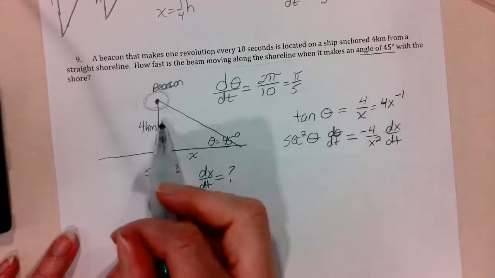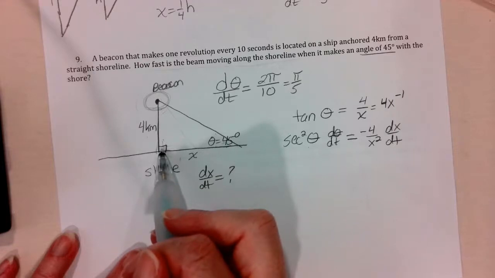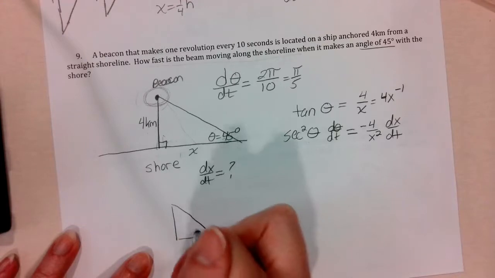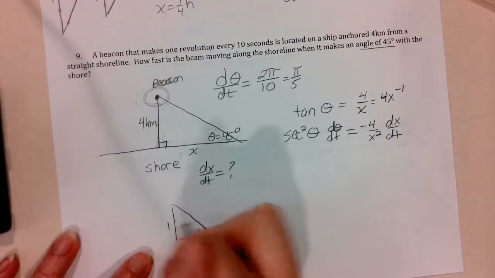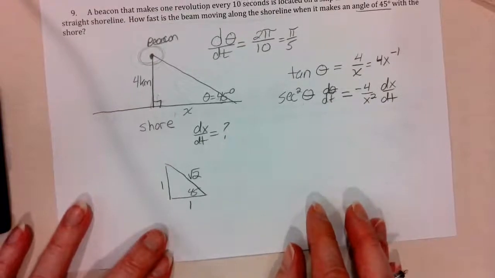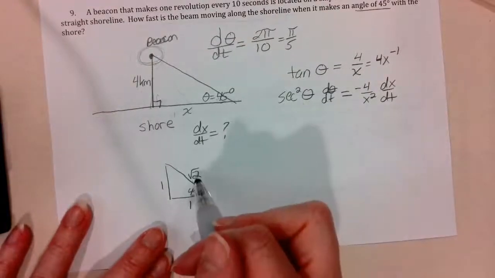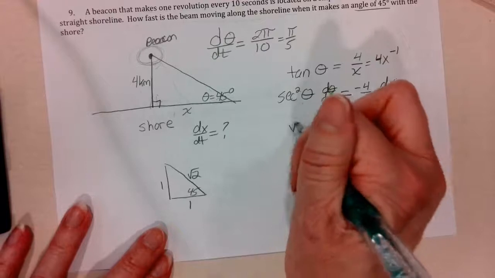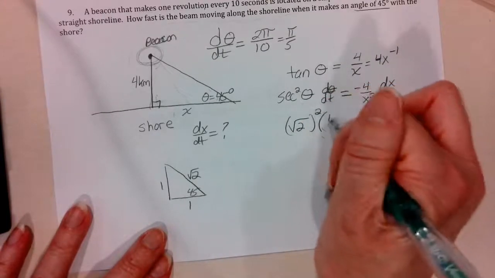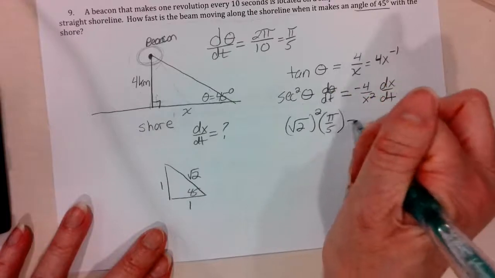Well, I'm in a 45, 45, 90 triangle. So in any 45, 45, 90 triangle, what's your connection? 1, 1, root 2. Secant is the flip of cosine, so I need my hypotenuse over the adjacent. I'm going to take root 2, square it. The d theta/dt we said was pi over 5.